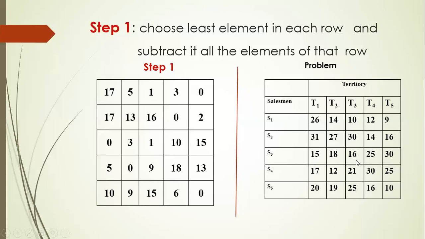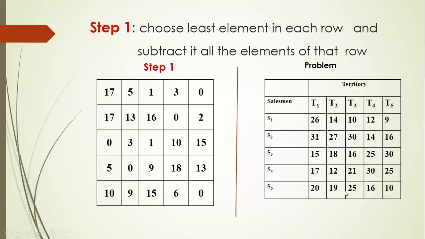Subtract 15 from all elements: 0, 3, 1, 10, 15. The fourth row's least element is 12. Subtract 12 from all of them: 5, 9, 18, 0, 13.